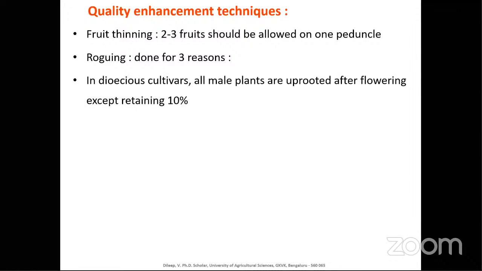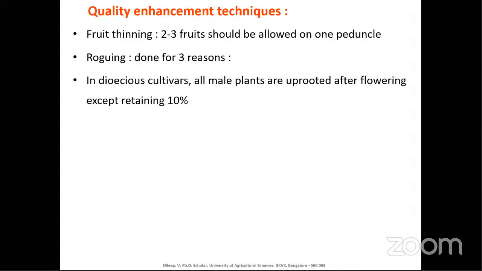Coming to one of the important things, the quality enhancement technique, that is fruit thinning. We know that it bears too many flowers, and when they set, all those flowers may be pollinated and fertilized and result in fruits.